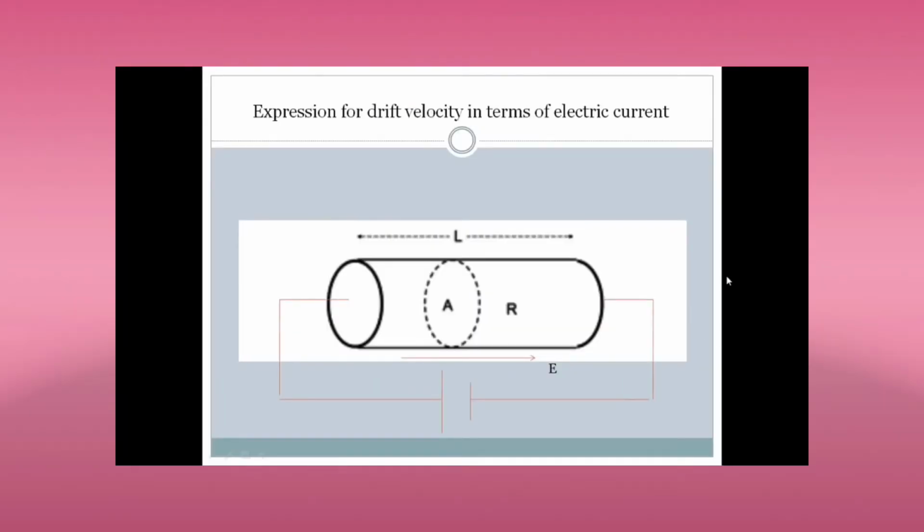Now the expression for drift velocity in terms of electric current. Let us consider a conductor of length L, area of cross section A. Let a potential difference be applied across the ends of the conductor, due to which an electric field is set up in the direction from positive end to the negative end of the conductor.